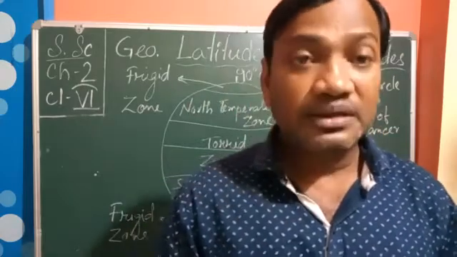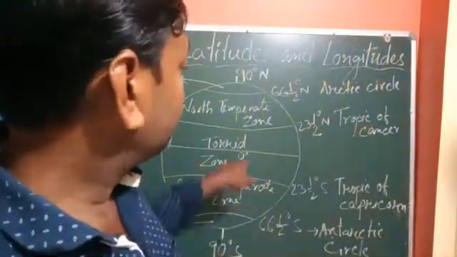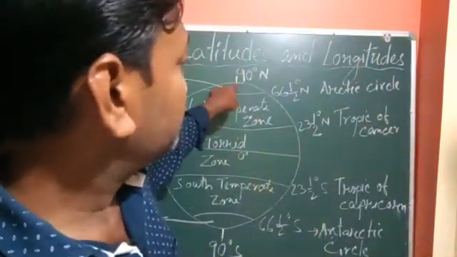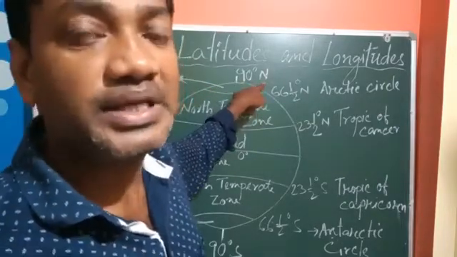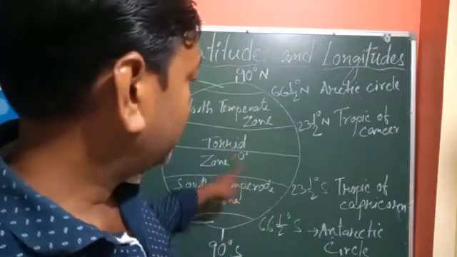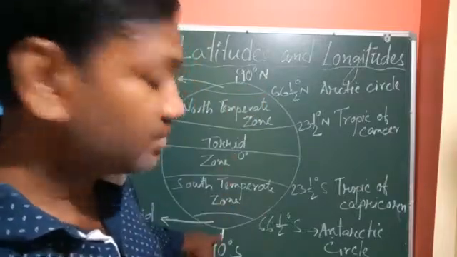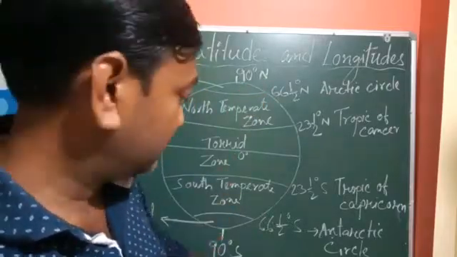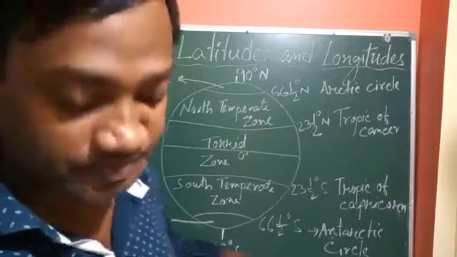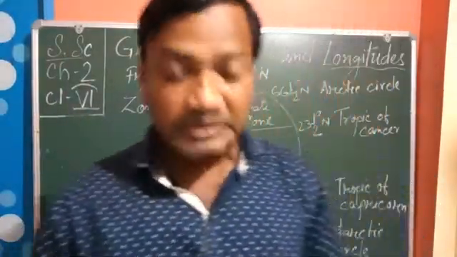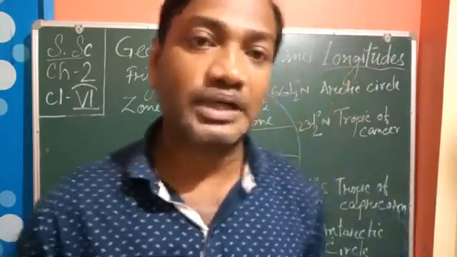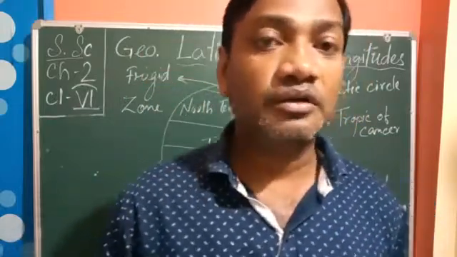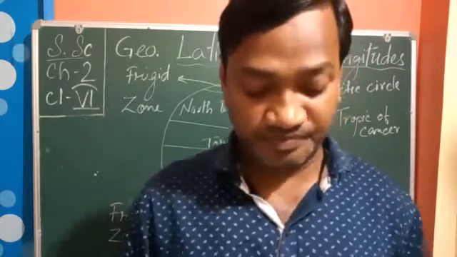From 0 degree to the North Pole, it is called 90 degree N, that means 90 degree north, and 0 to the South Pole is called 90 degree south. So these are the important parallels we find on the globe, and they help us to locate places.